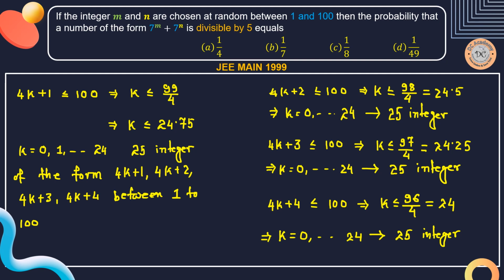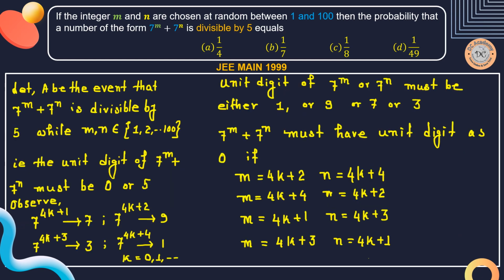Now let's go ahead and go to the original problem. Just now we completed our analysis stating that for m and n, if you are writing this form, k goes from 0 to 24.